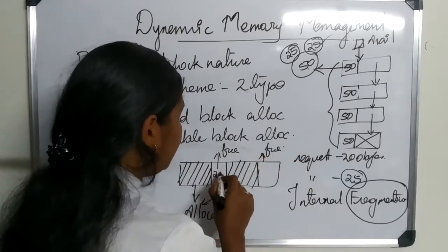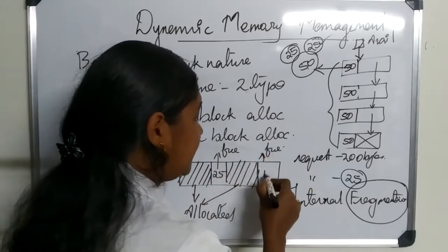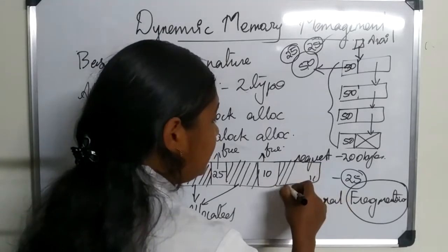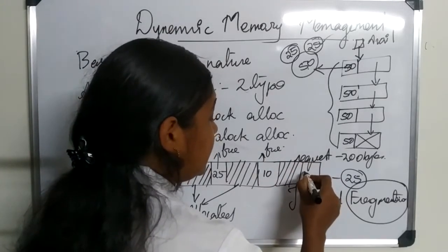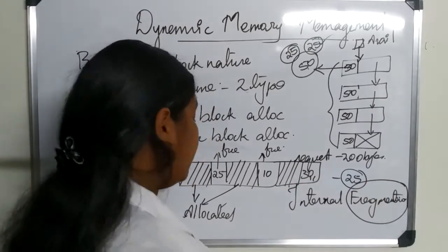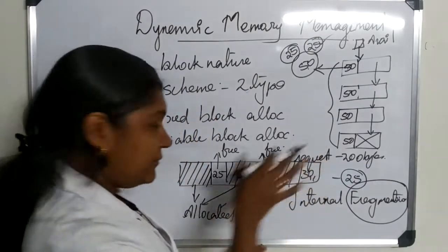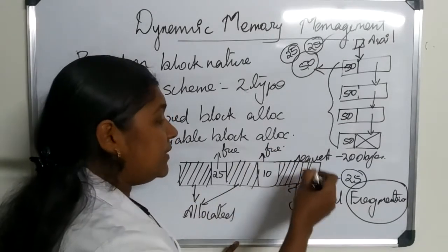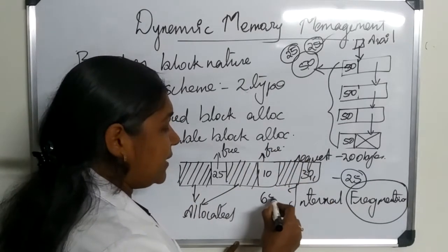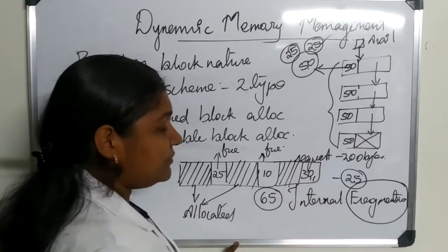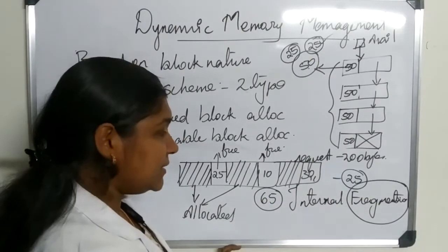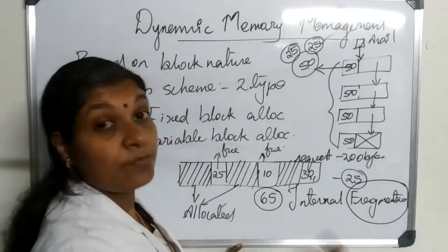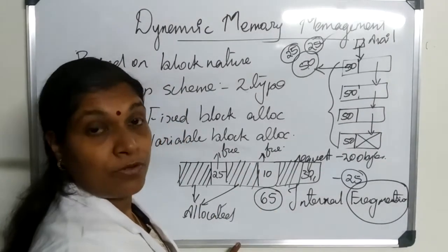Suppose here 25 bytes is remaining, here 10 bytes is remaining, and after some time here some 30 bytes is remaining. So if we take the total, 25 plus 10 is 35, plus 30 is 65. So a total of 65 bytes is actually part of the free pool of memory.